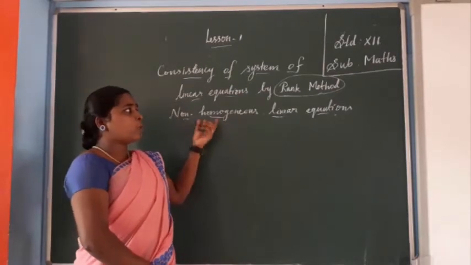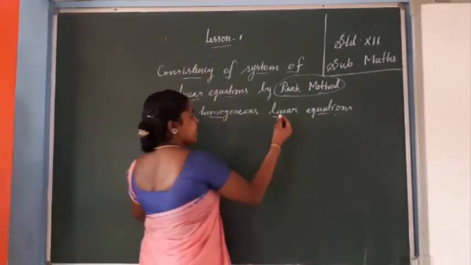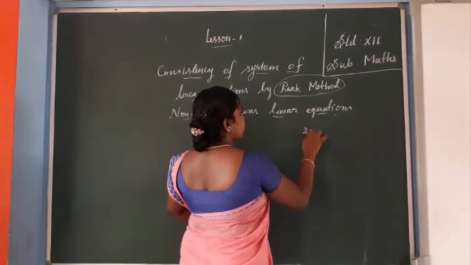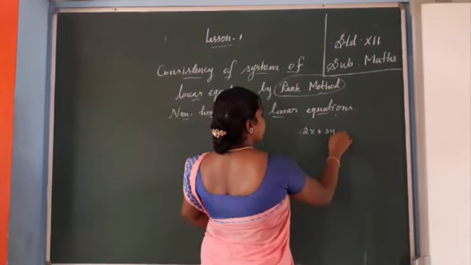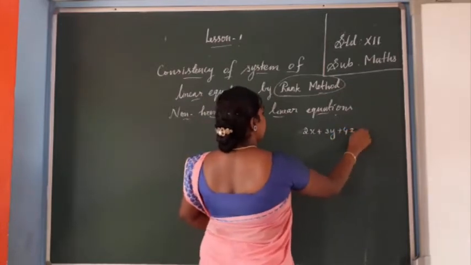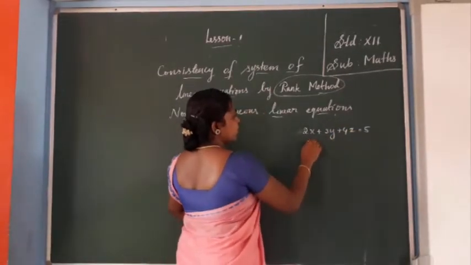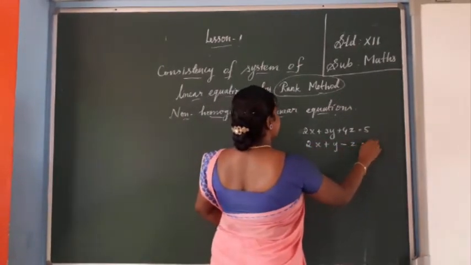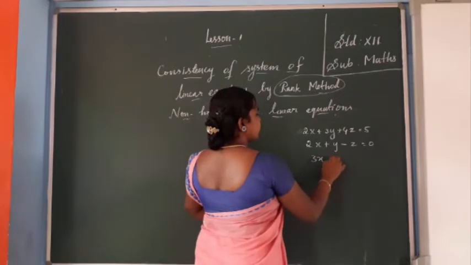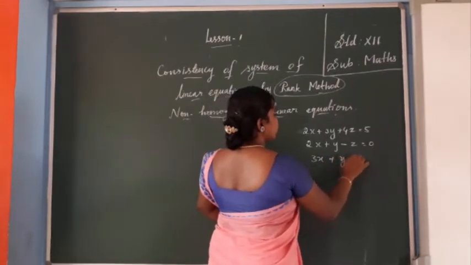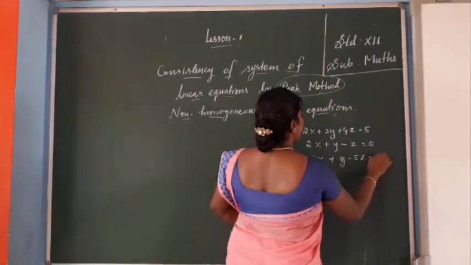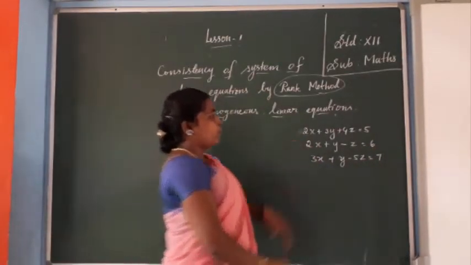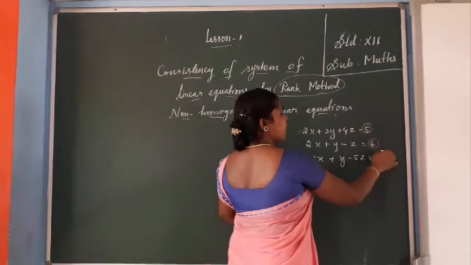For example, okay, so this is non-homogeneous because the terms are not equal to 0.